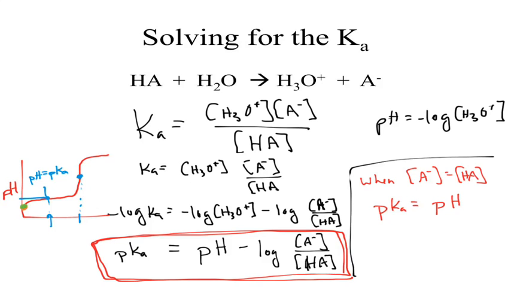They first noticed it and said, hey, this is cool. That A minus equaling HA comes from being able to understand what's happening at our green and blue points. What things are present. If we want the point where they equal each other, that has to be halfway between transferring completely across. That will give us our Ka.